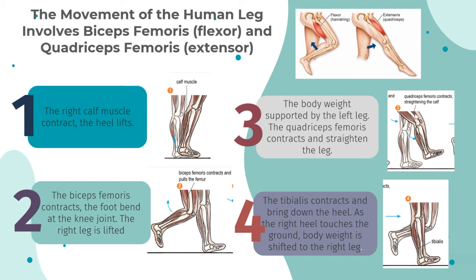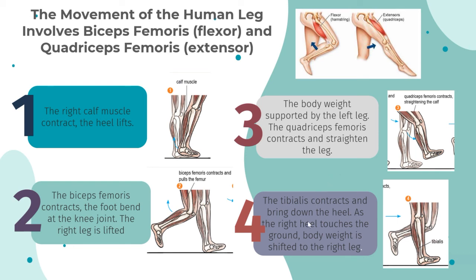It becomes shortened and creates a pulling force that pulls the tibia and causes the straightening of the leg. I repeat, the quadricep femoris contracts and causes the straightening of the leg.